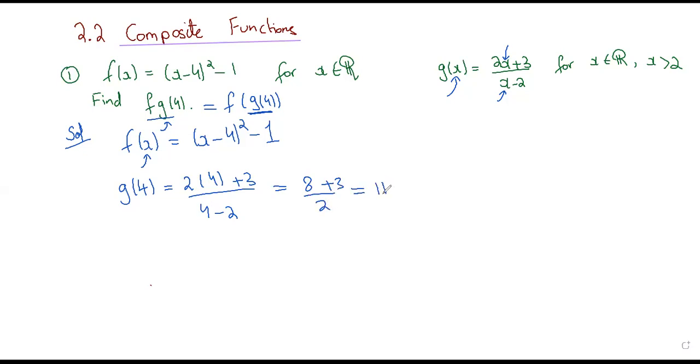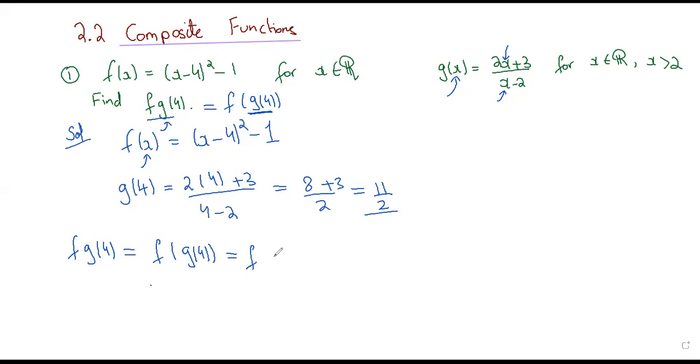So it would give you 11 by 2. g of 4 is 11 by 2. So the question was f of g of 4, and I can write it as f of 11 by 2.